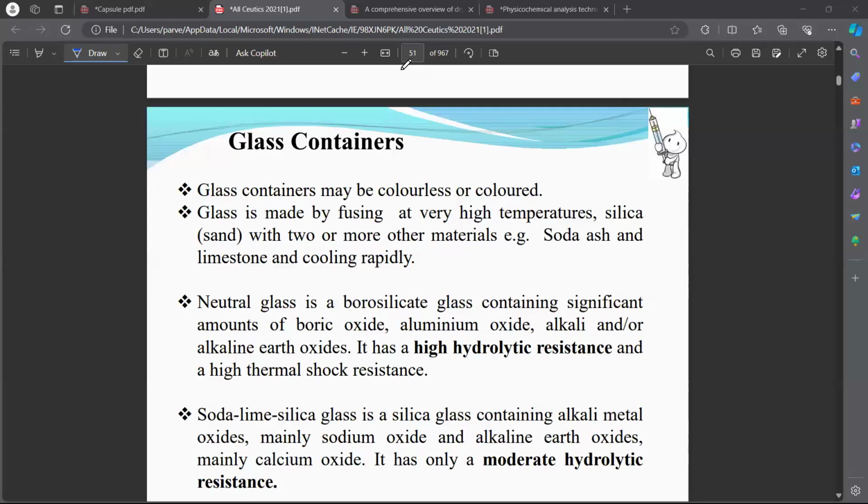The next most important thing which I have to discuss with you guys is glass containers.